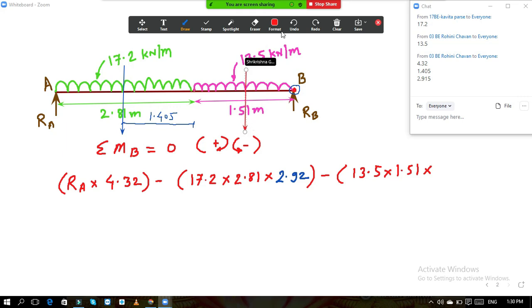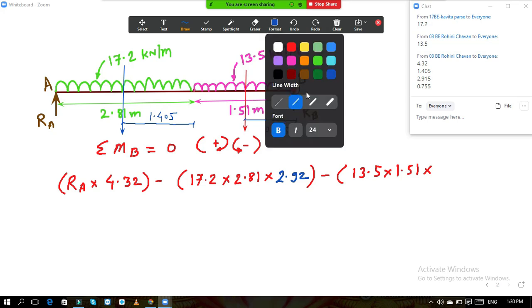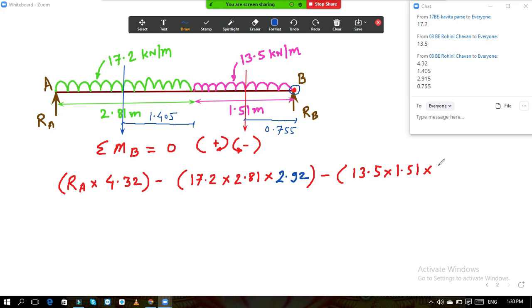And now what is the distance? Now if we want to calculate the distance, then it will be this one. As this load is at the center, it will be 1.51 divided by 2. So what is the distance? 0.755. So I will write here 0.755.